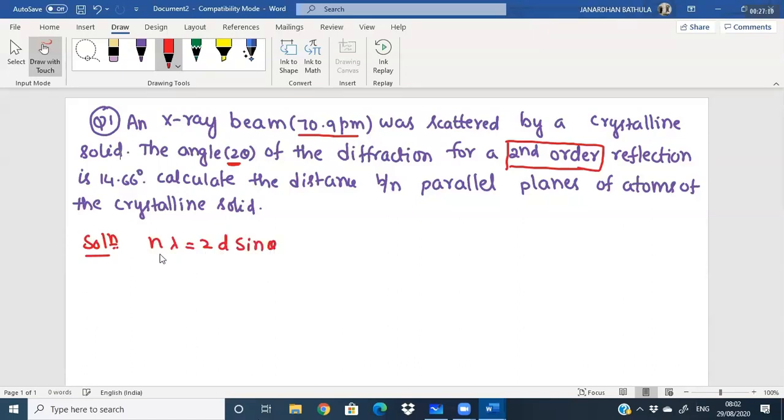Here n, lambda and sine theta values are there, but d value is not there. That means calculate the distance between parallel planes. That's why we need to calculate the value of d. Then order of reflection is 2, so 2 lambda equal to 2d sine theta.